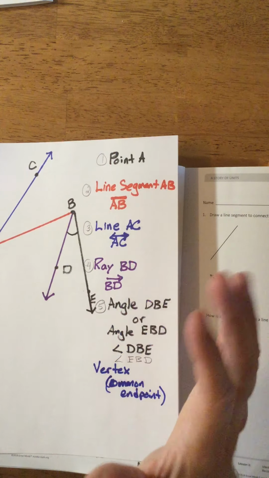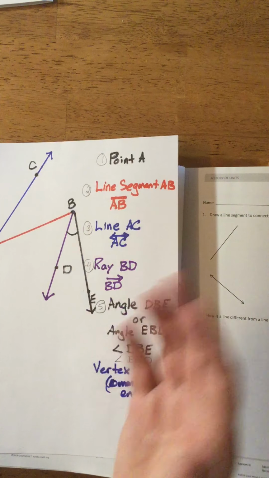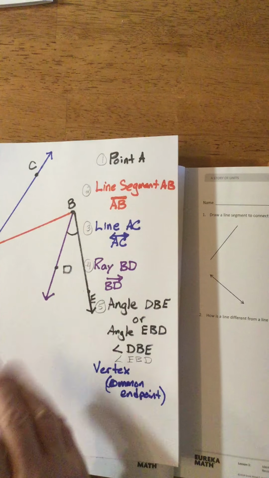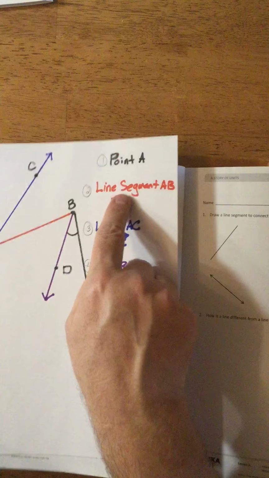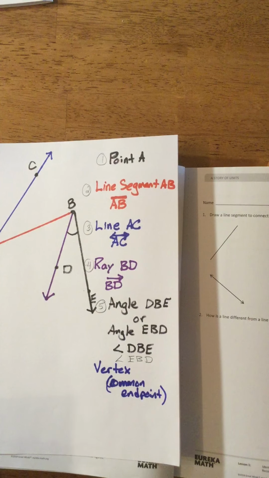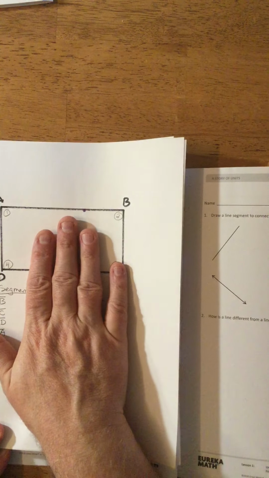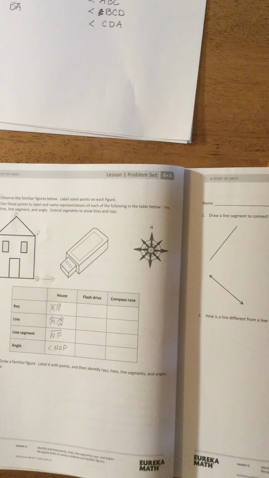I do have a page where you can write these out or print them out, and I have the definitions and examples of what I have here that you could glue in your math journal, or if you don't have a printer, you could write them out. Anything to help you remember these vocabulary terms. So we've done our vocabulary terms, we've identified some on a figure, and we've also done this part here.